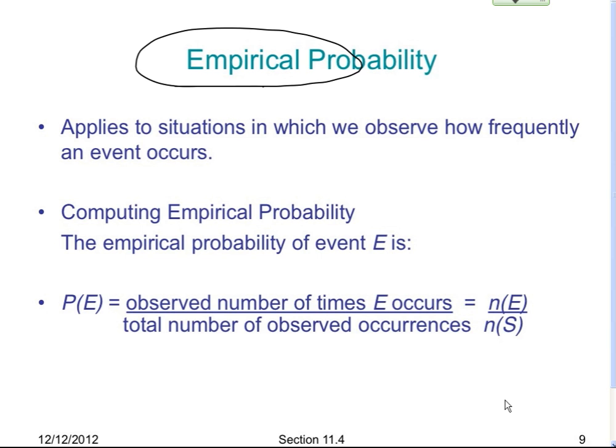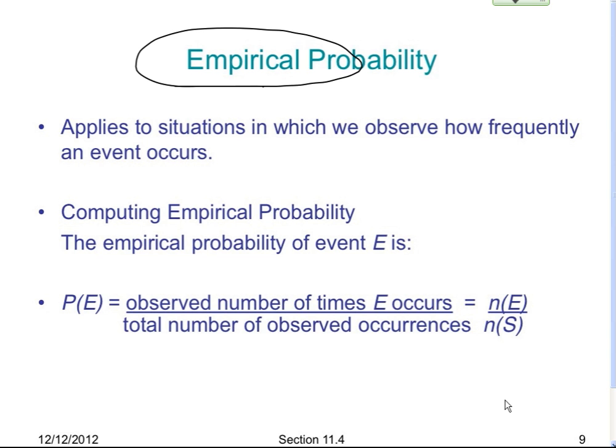Empirical probability is when we actually count up or observe what happens. Let's suppose you're flipping a coin. The theoretical probability of flipping heads or tails would be 1/2. But let's suppose I actually do flip a coin 10 times and I got heads 7 times.